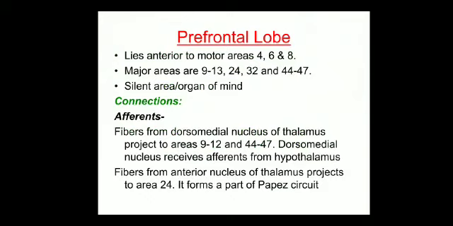So you should know the anatomy of the cerebral cortex. Then area 13 lies in the orbital part of the inferior surface of the frontal lobe. You should know where all these areas are present. And then area 32 is in the cingulate gyrus. Areas 44 to 47 are present in the inferior frontal gyrus. So this is about the prefrontal lobe.